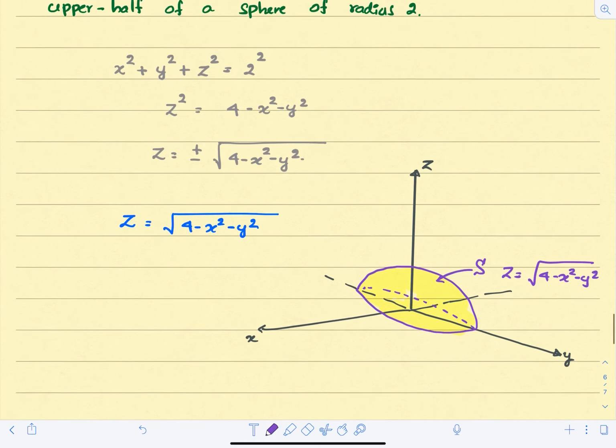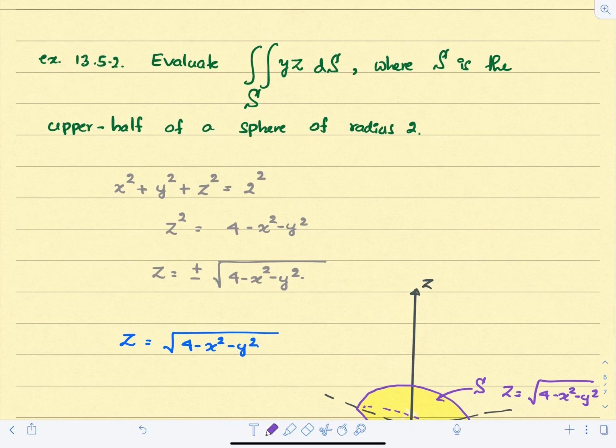Now on this surface, we have our function g, which equals y times z. Okay. Let's integrate this.